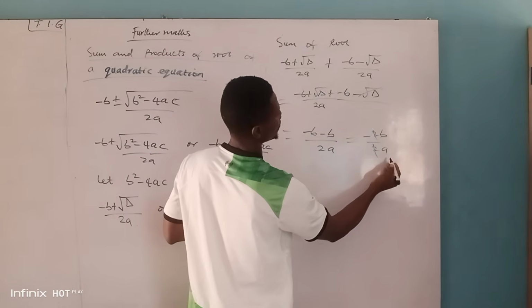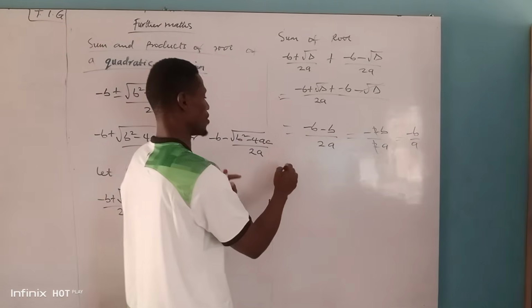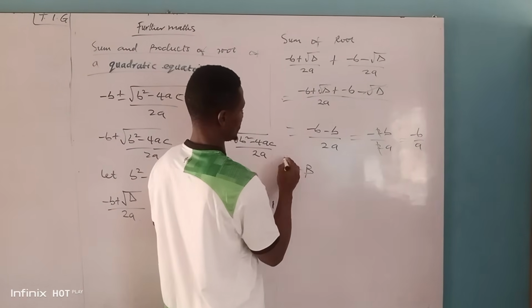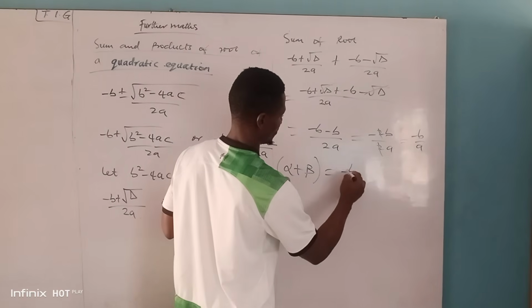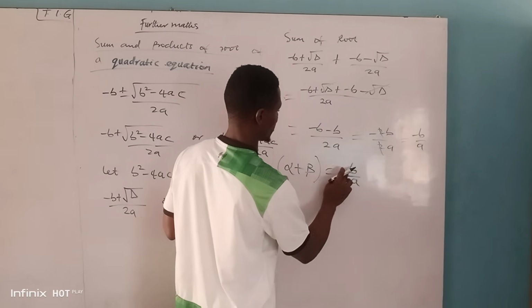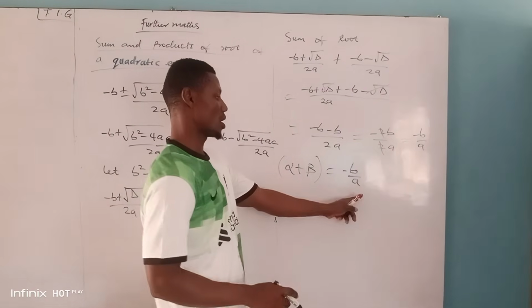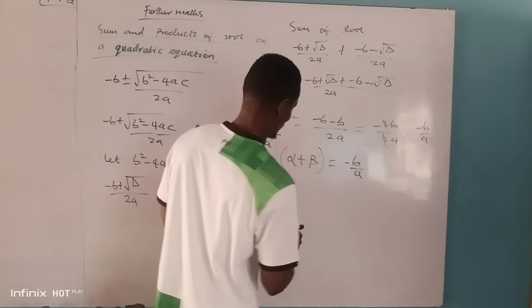So 2 cancels 2, and we have minus b over a. So the sum of roots, alpha plus beta, is equal to minus b over a, if we take alpha and beta as our roots. Now let's see the product of roots.